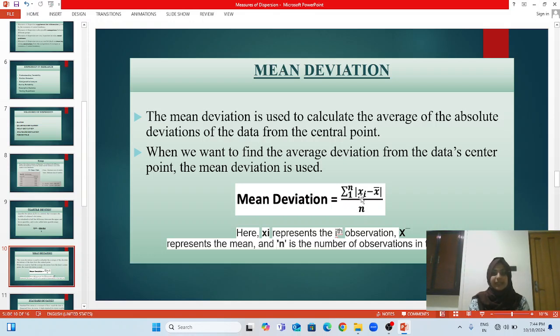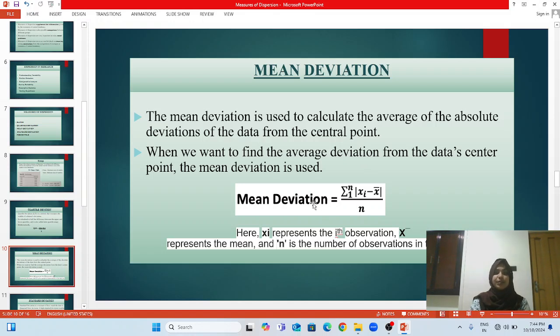Here xi is the individual observation and x bar is the mean of the total x values, which is divided by the total number of observations, that is n. We obtain the mean deviation.